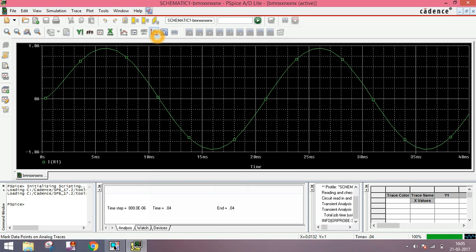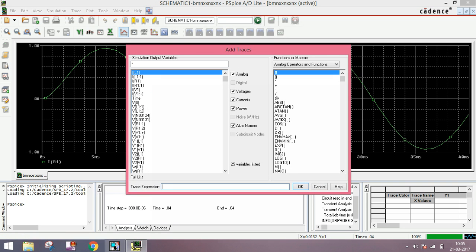And now we choose voltage also. To see more than one graph, you have to select add trace. Don't put 2 markers and see them in one graph, that is the wrong method.